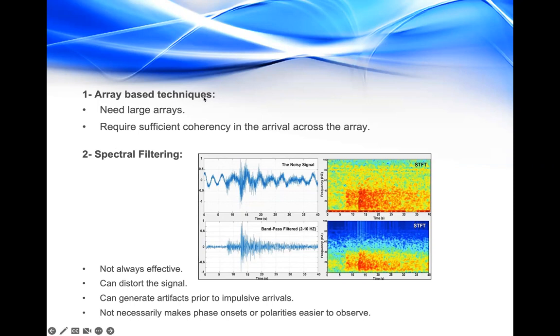If you don't have such an array, your other alternative would be more or less limited to the common spectral filterings. This is what would happen when you bandpass filter a noisy trace. You basically remove some high frequency and low frequency components of the noise, and as a result, improve the signal to noise ratio to some extent.